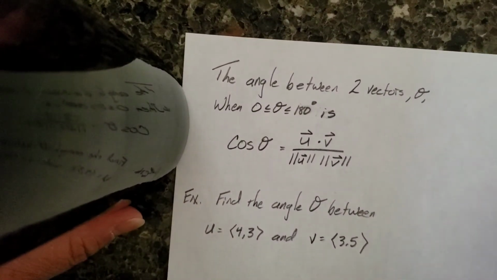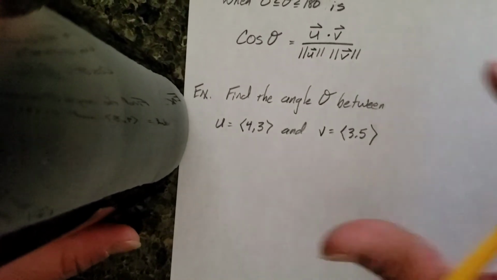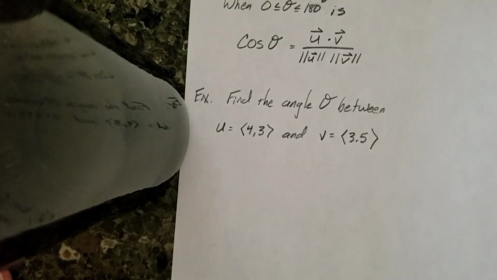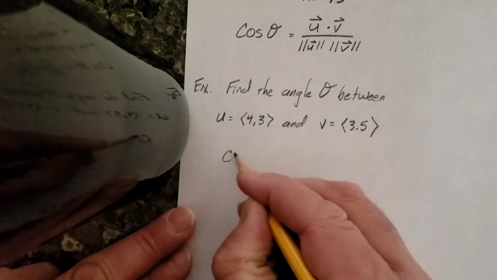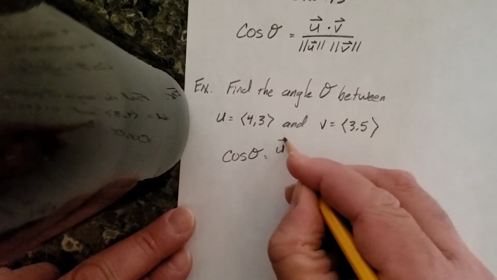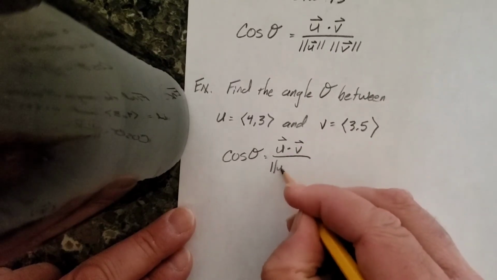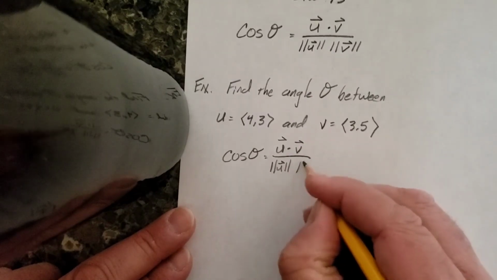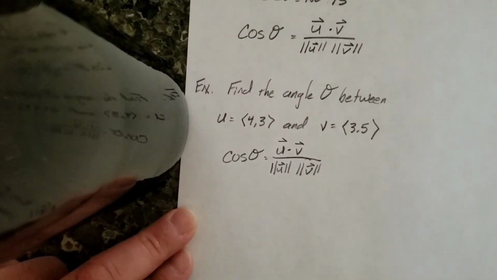Okay, it's just a straightforward formula, and I'm going to use it here. Find the angle between vectors 4, 3 and 3, 5.